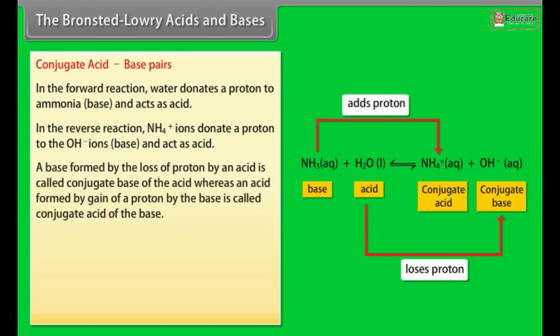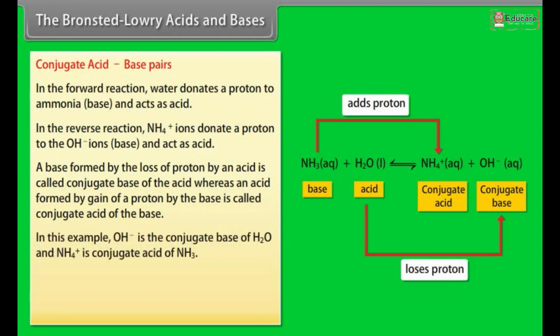A base formed by the loss of proton by an acid is called conjugate base of the acid, whereas an acid formed by gain of a proton by the base is called conjugate acid of the base. In this example, OH- is the conjugate base of H2O and NH4+ is conjugate acid of NH3.